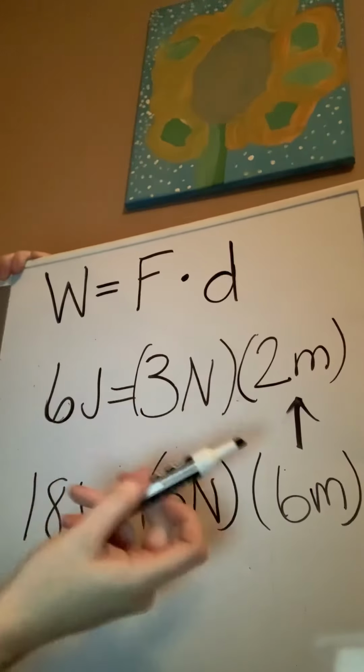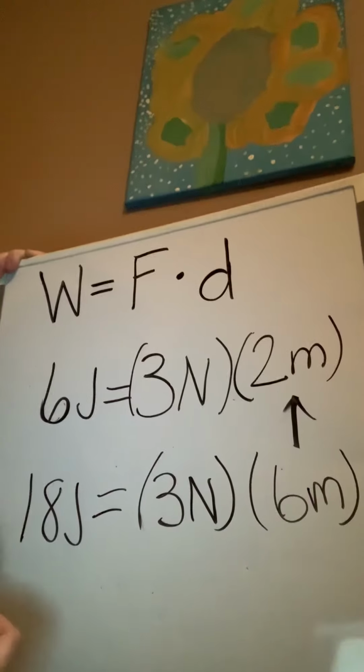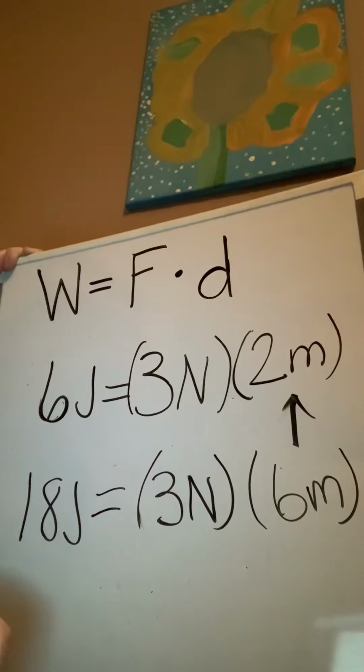So if you triple your distance, it's also going to triple the amount of work being done. Hopefully that makes a little more sense now that I've drawn that out on the board, because I know some people learn visually. If that still doesn't make sense to you, I attached a video onto the Google Classroom, so you can watch that video and maybe get some clarification on work.